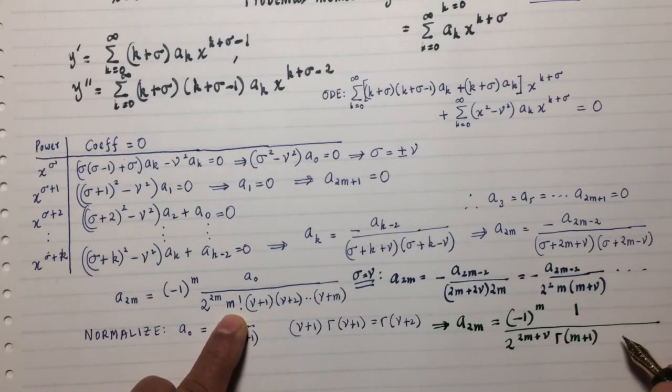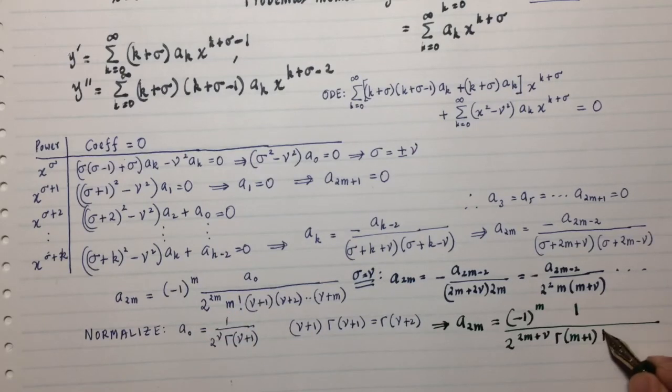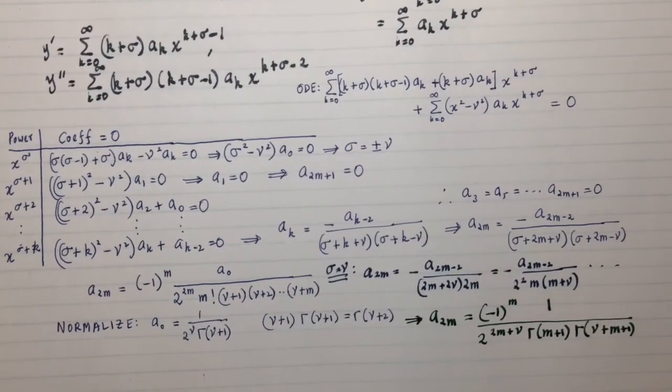I'm writing that also as gamma for symmetry, and gamma of nu plus m plus 1. And that's it. That's the coefficient for nu.